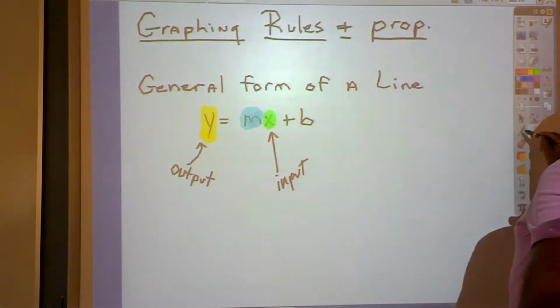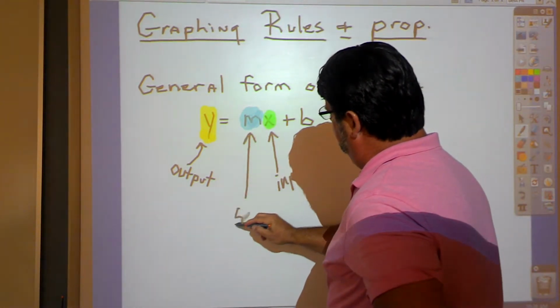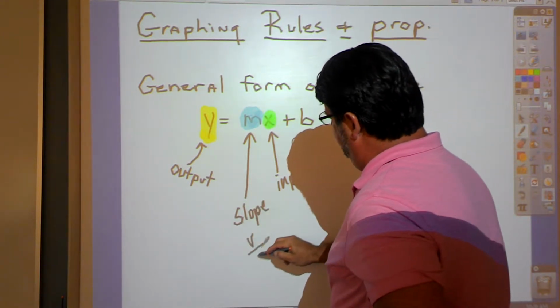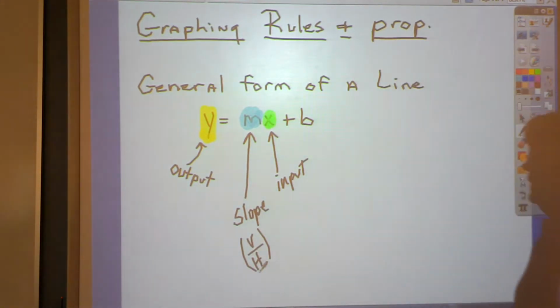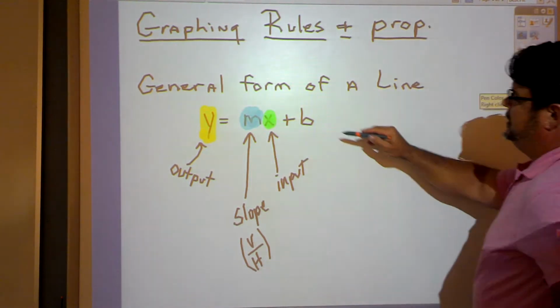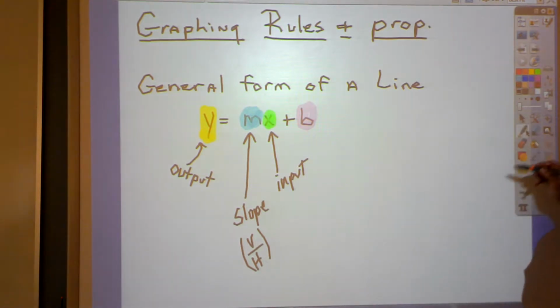M is what we call our slope. Slope is equal to vertical over horizontal. And we'll talk about that here in a few minutes. And then b is our y-intercept or vertical shift, whatever you want to call it.